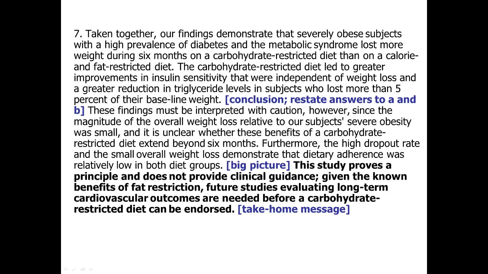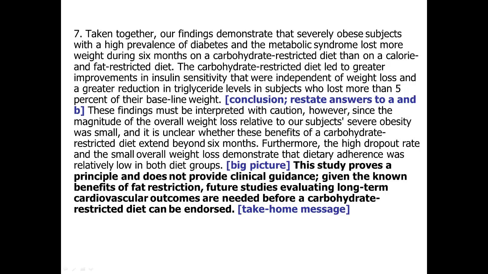The carb-restricted diet actually led to greater improvements in insulin sensitivity, and again, that's a good thing. And some of those improvements were independent of weight loss. And there was also a greater reduction in triglyceride levels, and it's good to get your triglycerides down. So they've just restated what they said in the opening 2 paragraphs, but you want to sum up what they found, the answers to those 2 main questions.